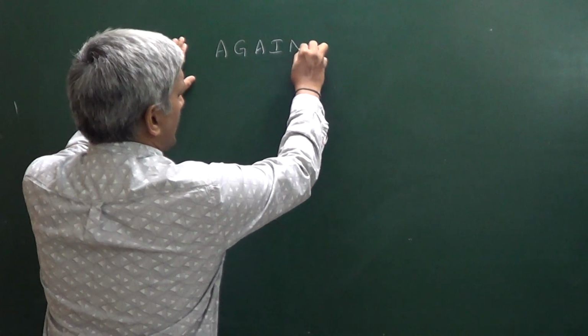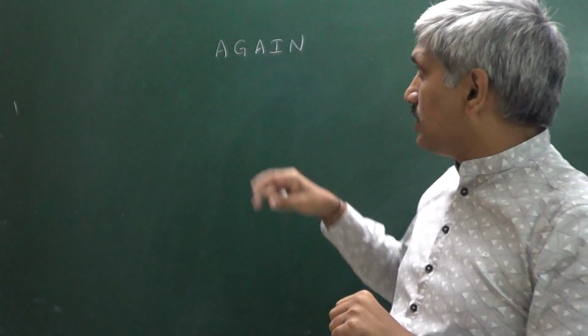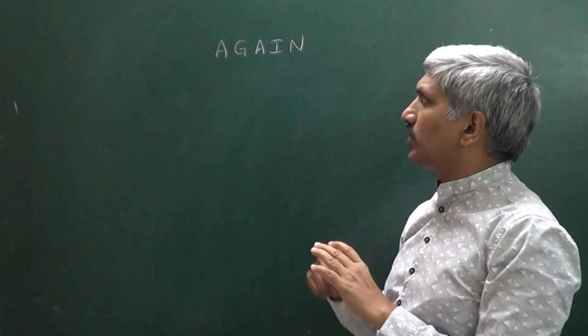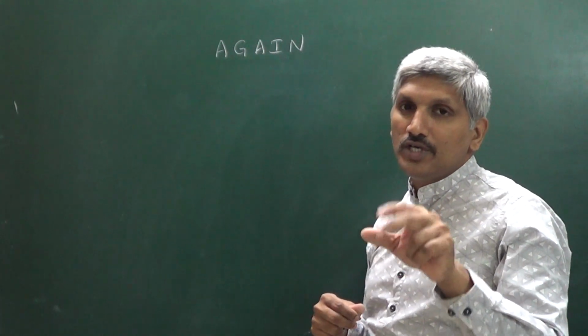A word, AGAIN, is given. By using the letters of the word AGAIN, a total of 5 factorial divided by 2 factorial, that is 120 by 2, you will get 60 words.